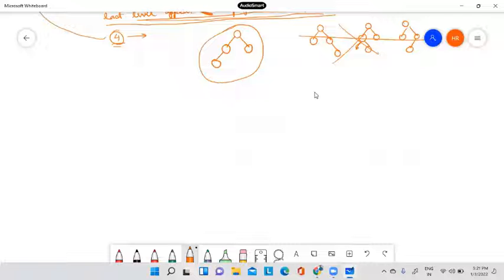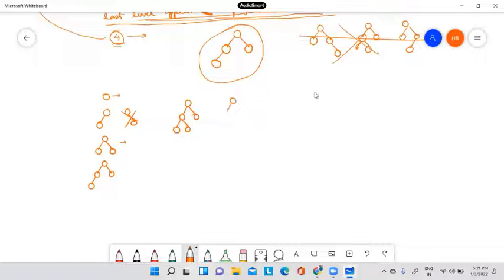If we are creating a one node complete binary tree, it will be like this. A 2 node complete binary tree, like this, not like this. A 3 node complete binary tree, so it becomes a full binary tree. This is also a full binary tree. Then a 4 node complete binary tree will be like this. Then a 5 node complete binary tree will be like this.